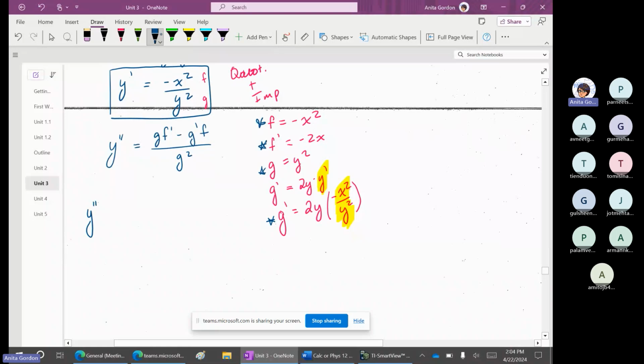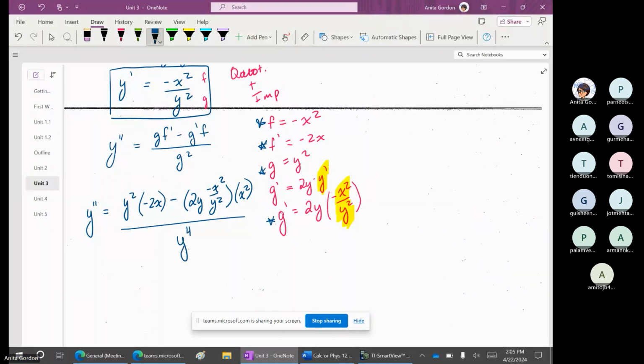So y double prime is y squared times negative 2x minus 2y times negative x squared over y squared, bracket, what's f? X squared, all over y to the fourth.